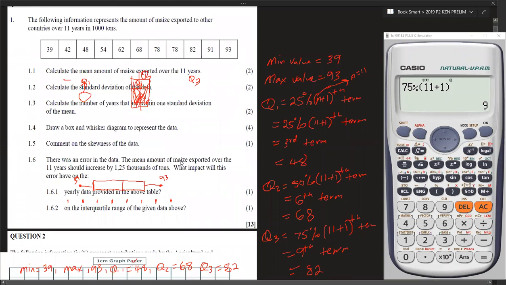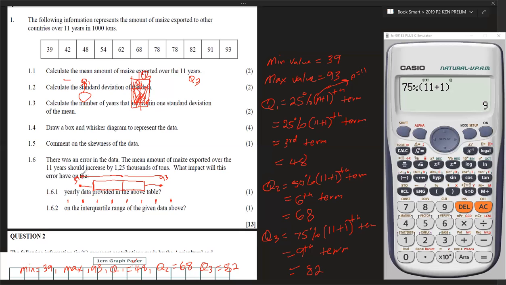Okay. So they want me to comment on the skewness. Ne? To comment on the skewness, it's easy. You check the longest distance. When I check here, I can see that this line from here to there is longer than from here to there. So it's always from Q2 to Q1 and from Q2 to Q3 and max.